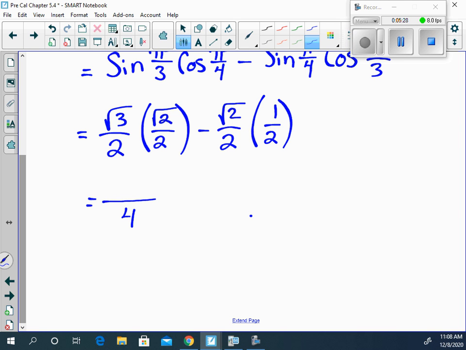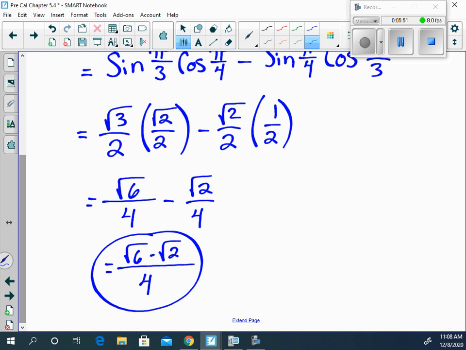So we get square root of 6 minus the square root of 2 over 4. It's just 4, because the square roots are only on the top.